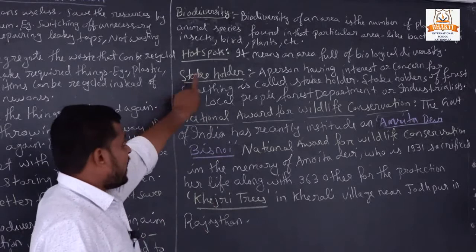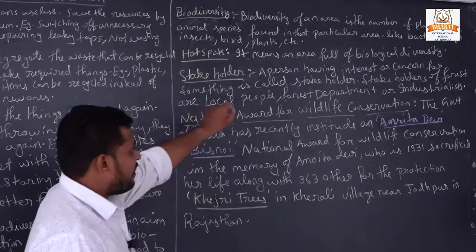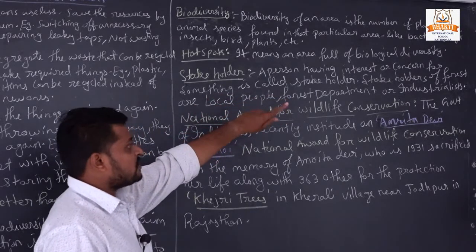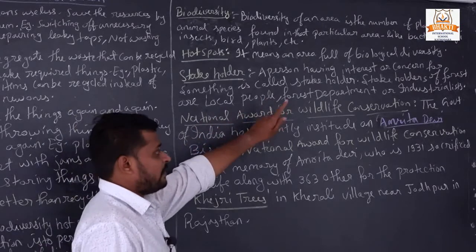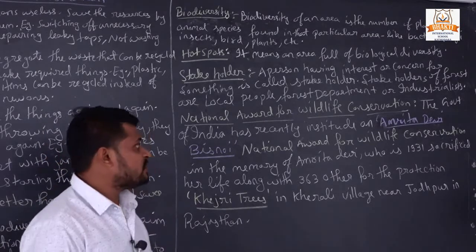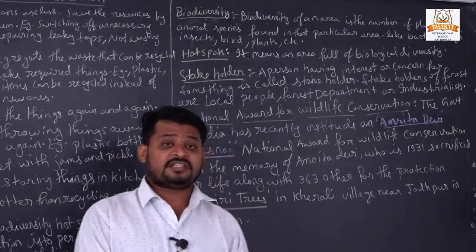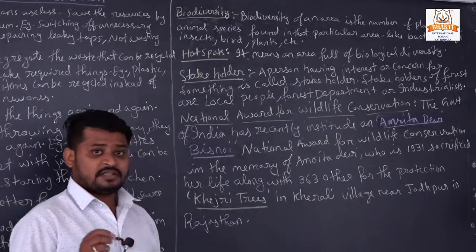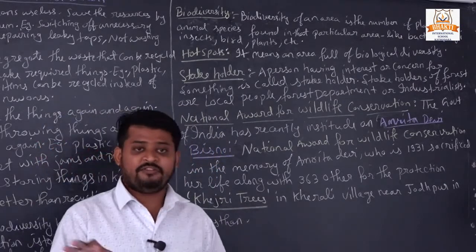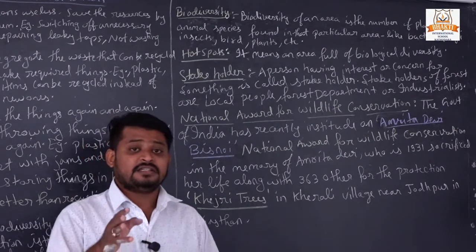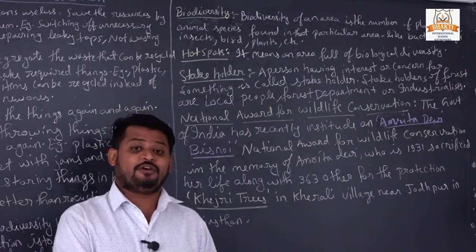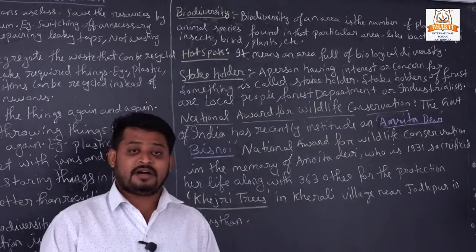Okay. So stakeholder, what is a stakeholder? A person having interest or concern for something is called a stakeholder. Stakeholders of a forest are local people, the forest department or industrialists. Like tribal people who are living in a forest, they always are concerned about the forest.